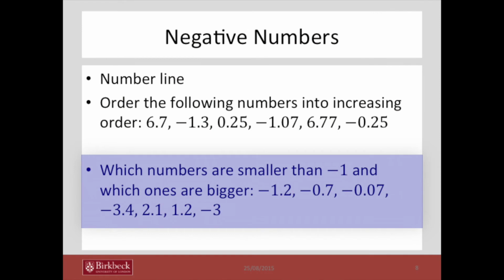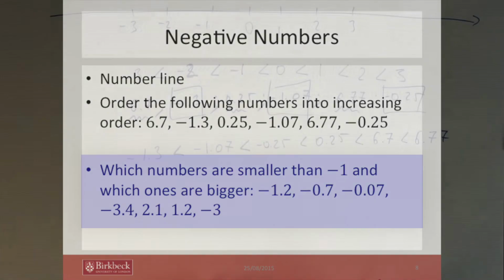The last part, before we move on to elasticity, is to be able to compare numbers and decide if they are bigger or smaller than -1, because elasticity has been classified into different things, elastic, inelastic and unit elastic, depending on their relationship with -1.